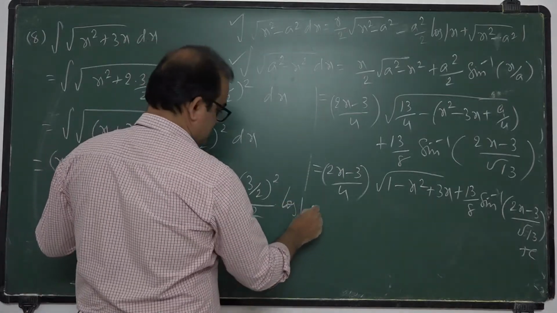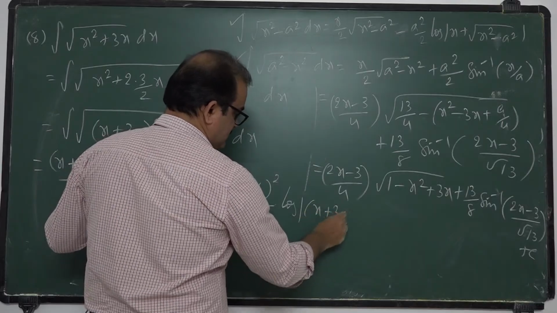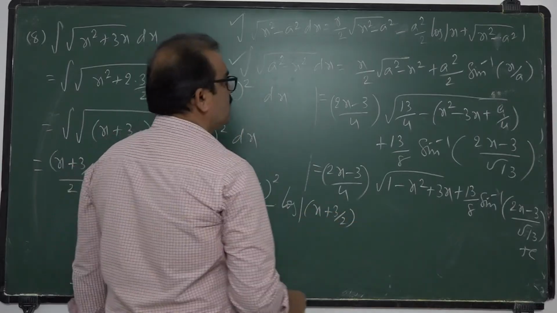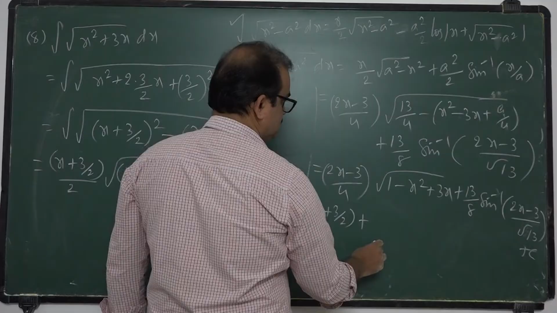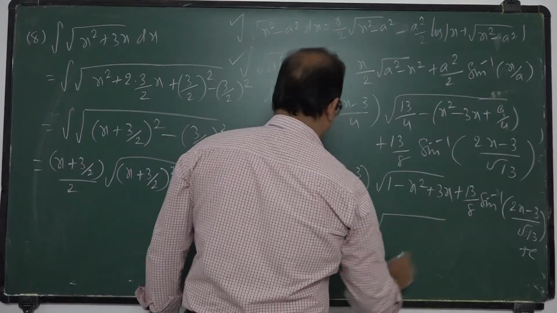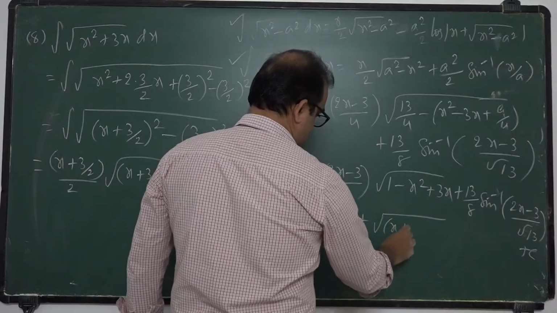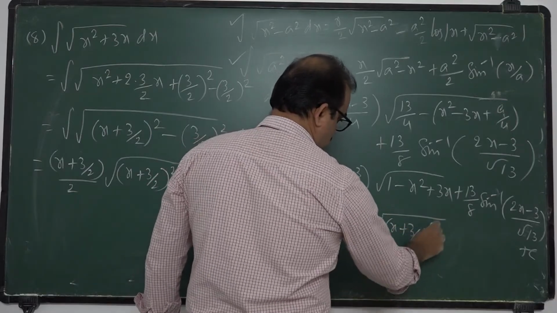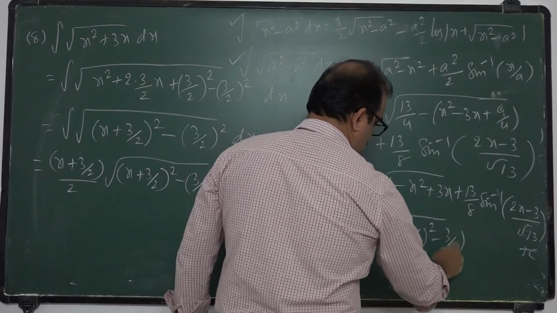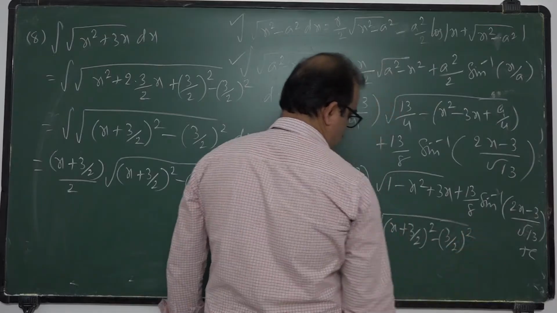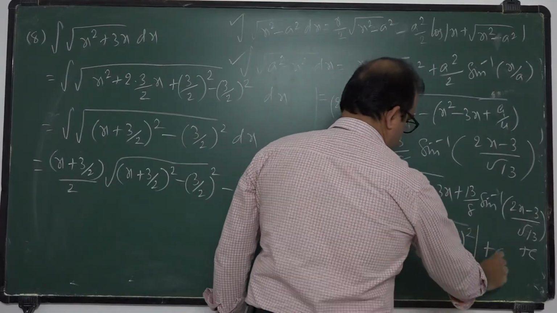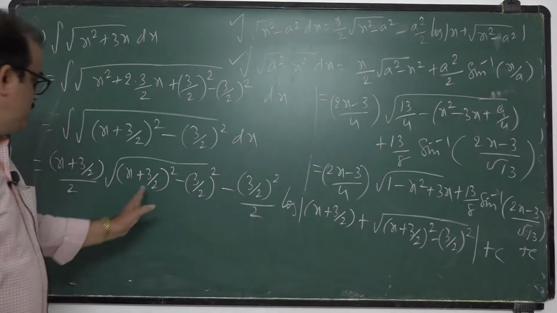What is x? X plus 3 by 2, plus root of x square minus a square, plus, you expand this.